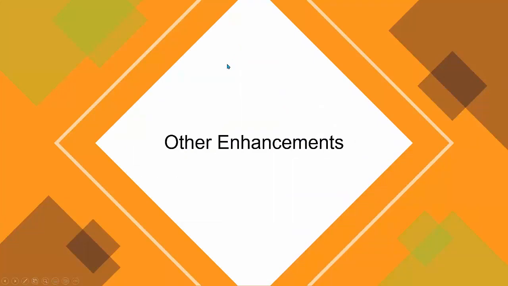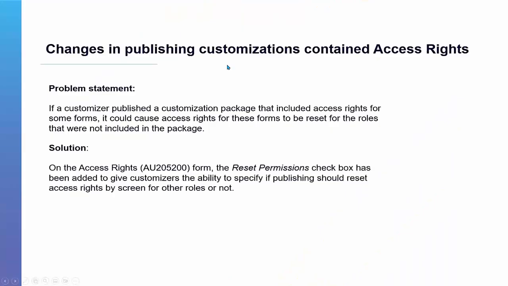All right, let's look at some other enhancements that are not necessarily module specific. There is new functionality around customizations, having the ability to contain access rights. In the past, during upgrade, oftentimes if you had reports that were locked down perhaps only for administrator view, the process of republishing those oftentimes granted access to those reports or items that you did not want end users to have access to.